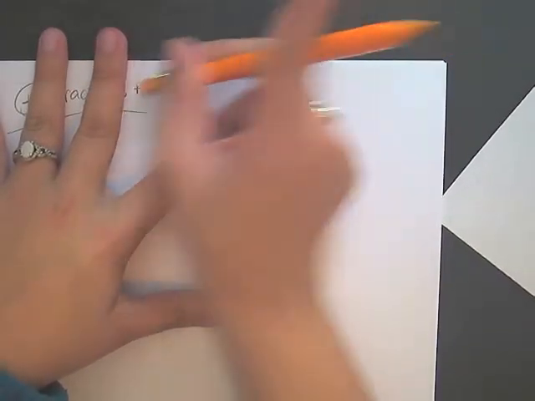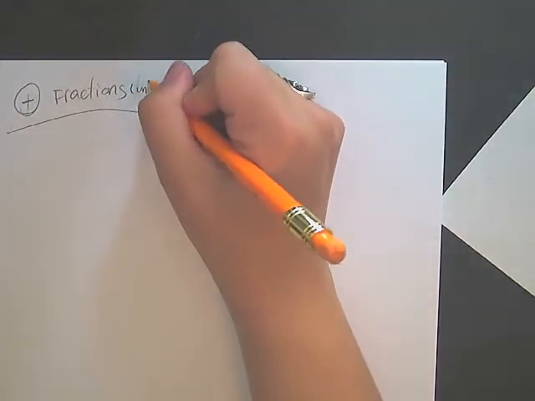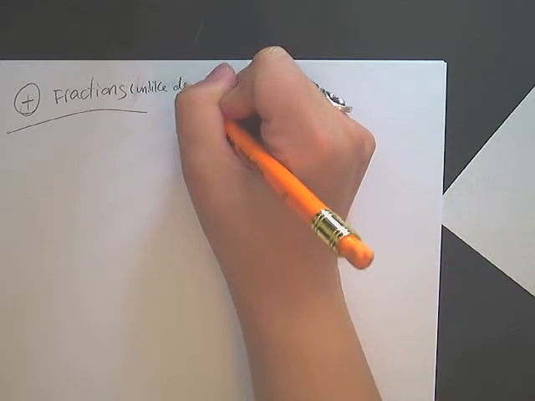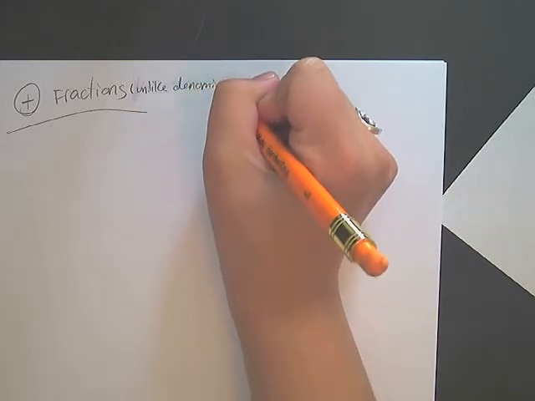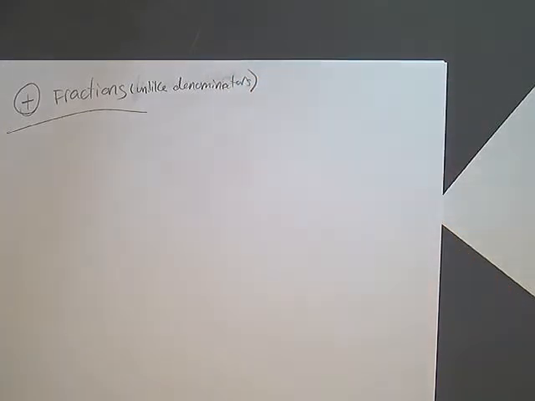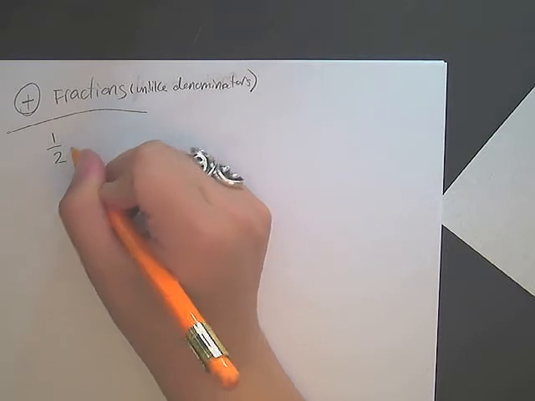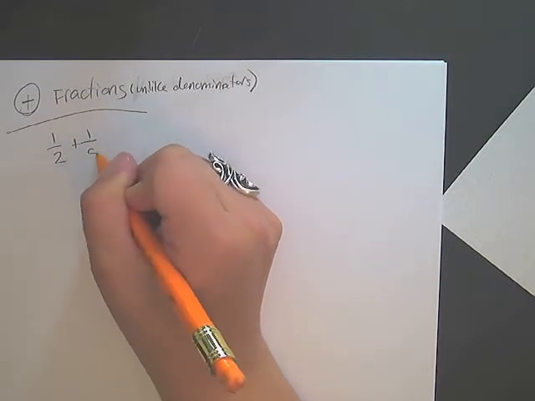Okay, so adding two fractions together, I was supposed to write with unlike denominators. All right, with unlike denominators. So let's say that I have 1/2 and 1/5.